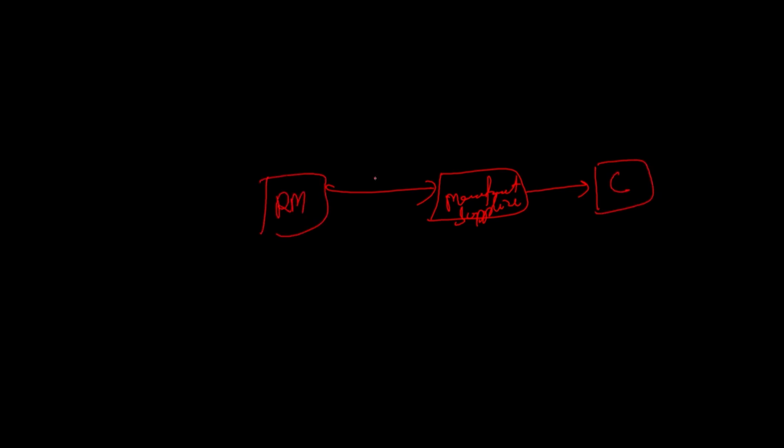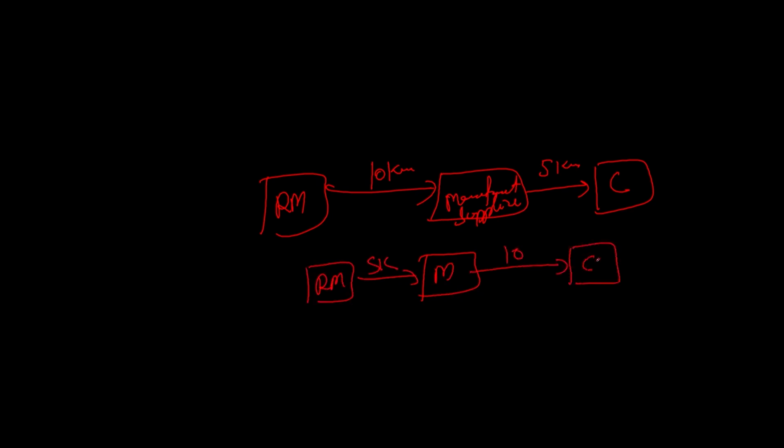Let's say I am the manufacturer or the supplier of the product, and I am following 2 different structures. In one, the customer is sitting here and the raw material supplier is here, say 10 kilometers in one direction and 5 kilometers in the other. In the other, the same manufacturer is 5 kilometers from the supplier and 10 kilometers from the customer. Now, which one is more efficient?